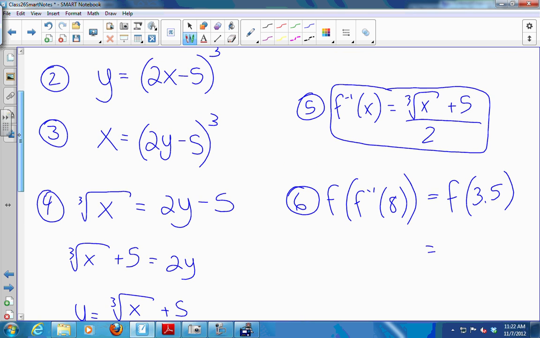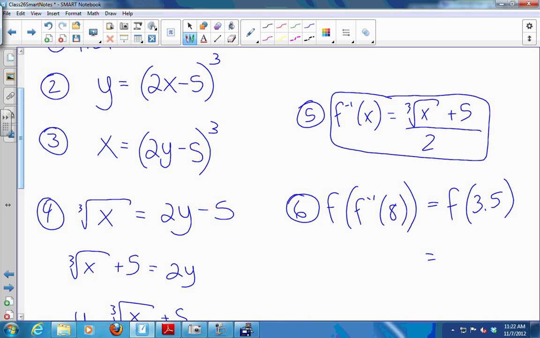Scroll back up so I can look at the formula for f. If I plug a 3.5 in here, I get 2 times 3.5, which is 7, minus 5 is 2, and 2 cubed is 8. Okay, so I can be pretty confident that I did this right because I got a round trip when I did an 8. But let's do the final, official proof that we really have the inverse.